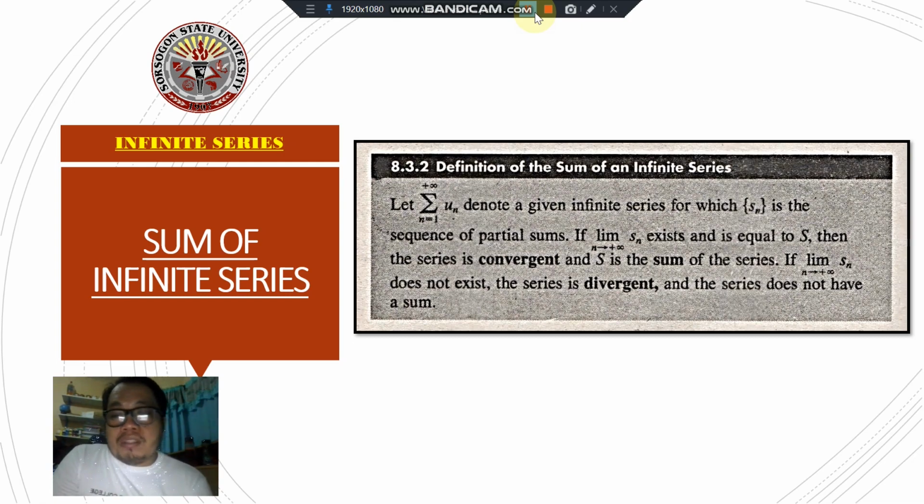Okay, so it means that if the infinite series is divergent, the limit does not exist, and it also indicates that the series does not have a sum.